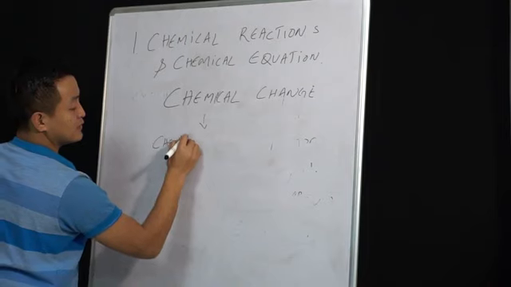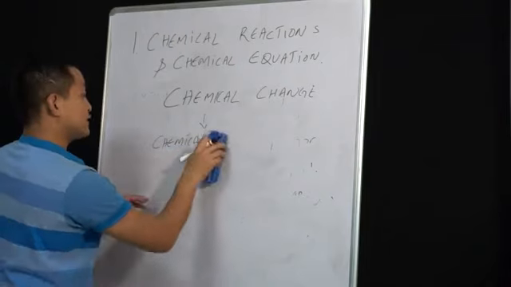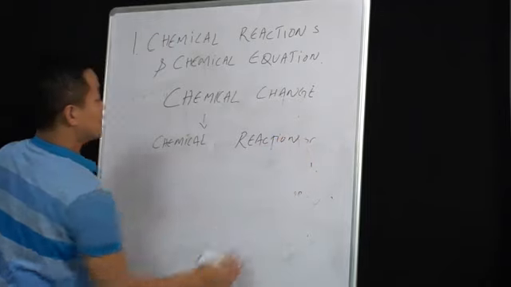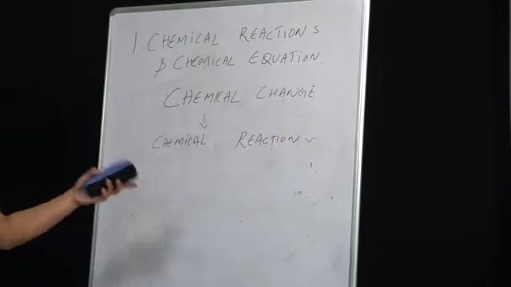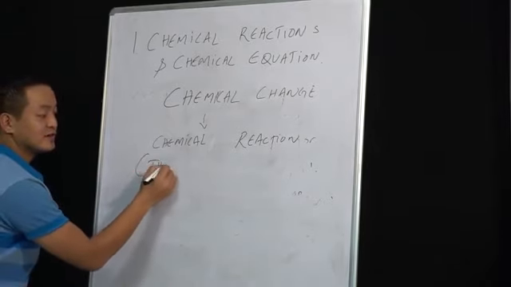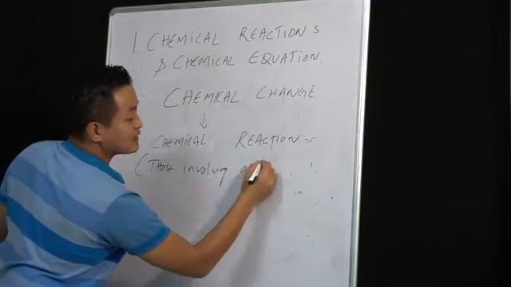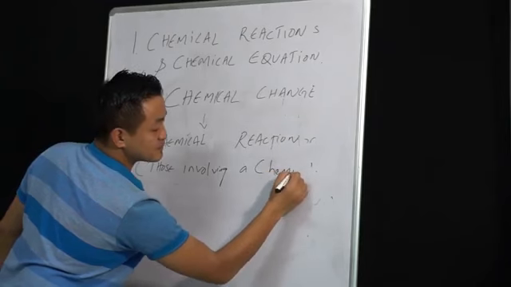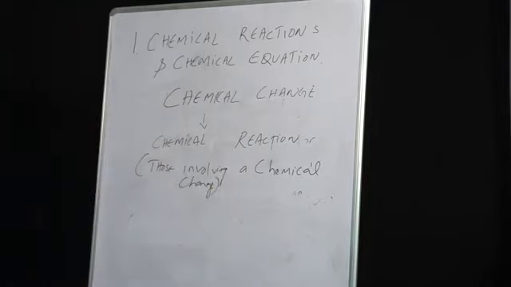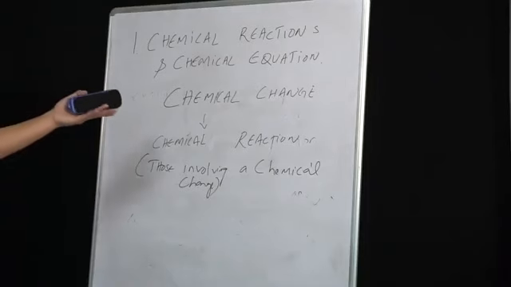The definition of chemical reaction will be those involving a chemical change. Those involving a chemical change will be the definition of chemical reaction, and you can write down any example, the previous example that I have written.